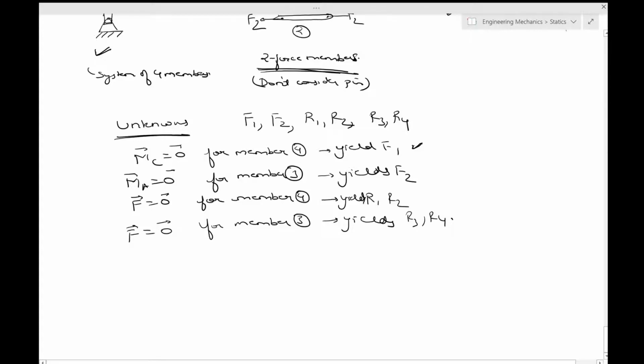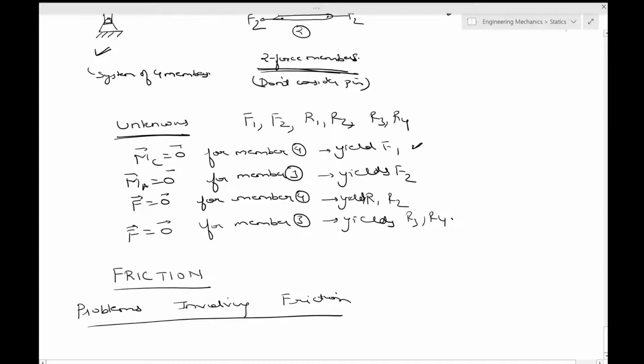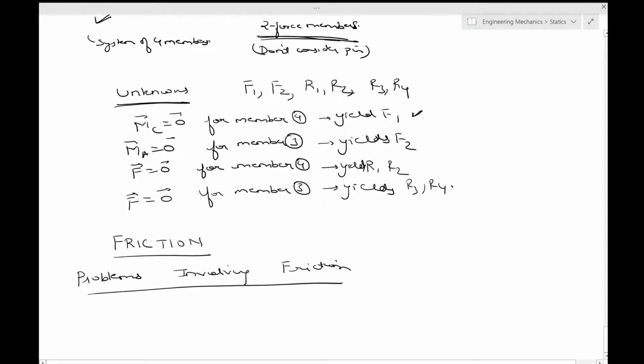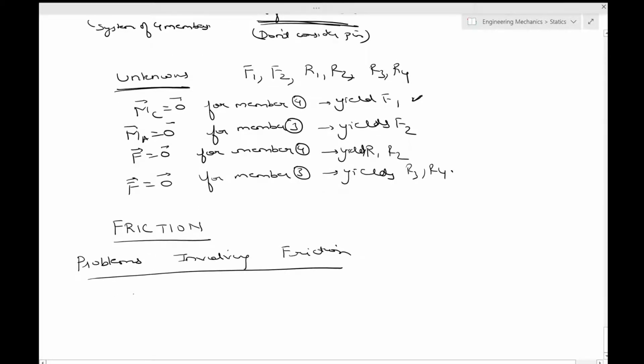So the next topic which we are briefly discussing is about friction, so problems involving friction. There are two types of this.